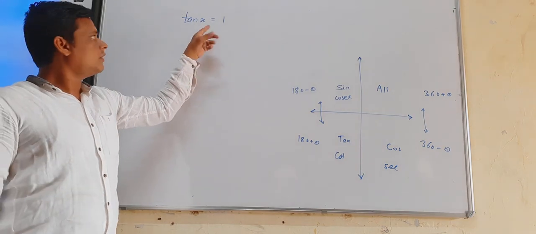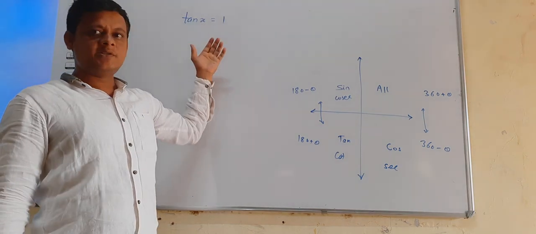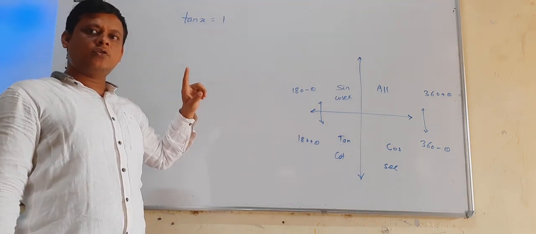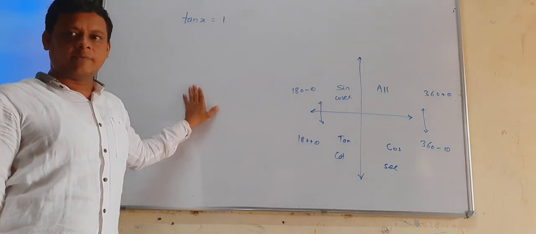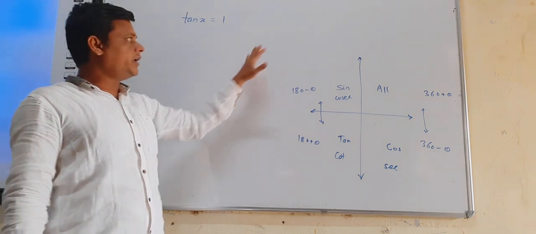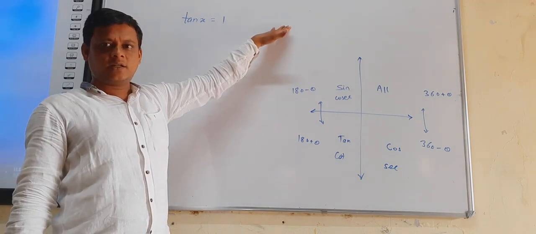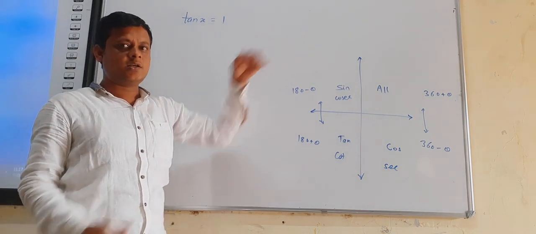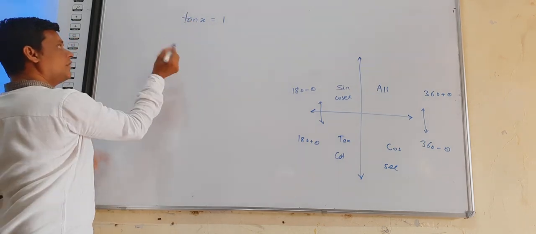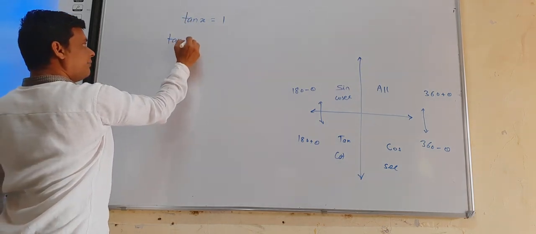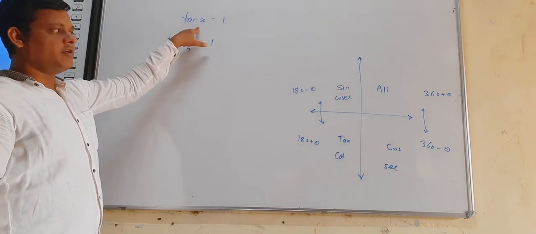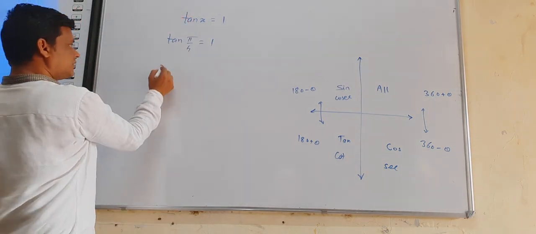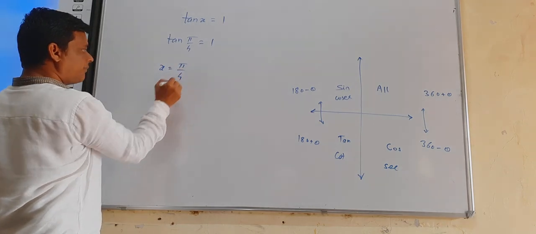So while calculating the principal solution, one value we know from the table that you already studied in class 10 or which we discussed earlier. We know that tan pi by 4 is 1, tan 45 is 1. So the first value we get is x equals pi by 4.